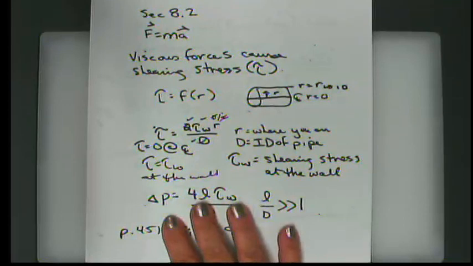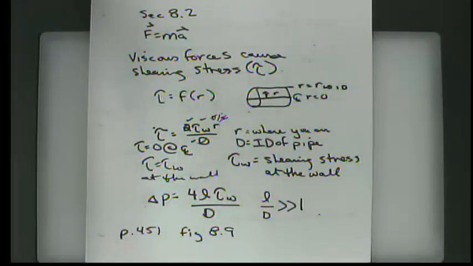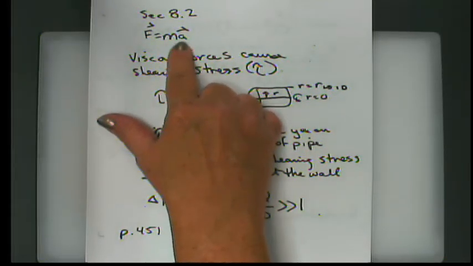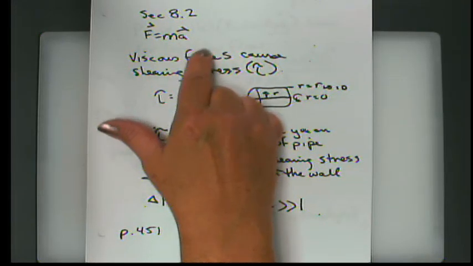All right, so in section 8.2, we're discussing this idea of fully developed laminar flow. And I'm not going to derive these equations for you too much, I'm just going to reference it. We're really starting from Newton's second law of motion, that force is equal to mass times acceleration.